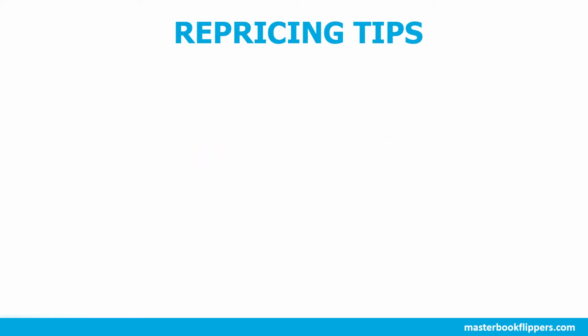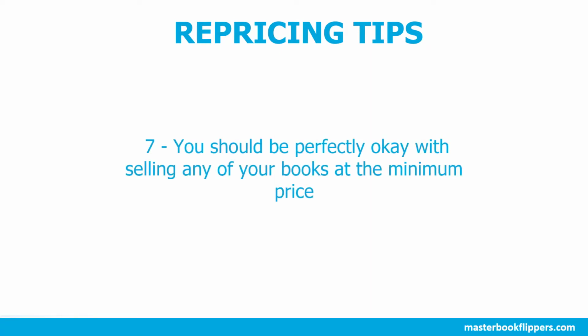All right, tip number 7. Now this is really, really important, I think, because some people don't seem to understand this. You should be perfectly okay with selling any of your books at the minimum price at all times.